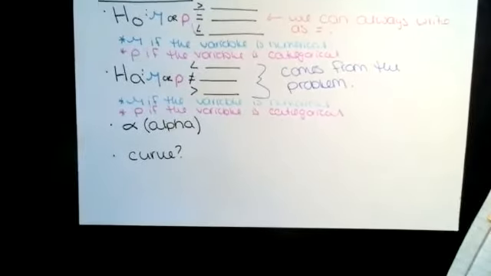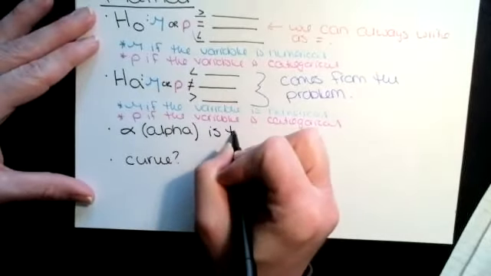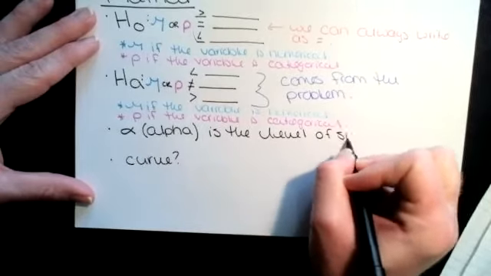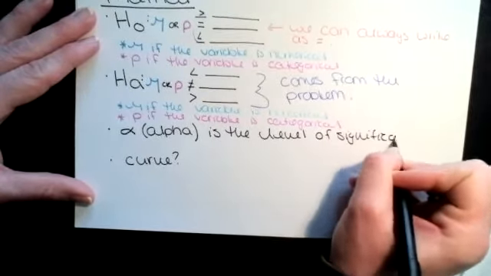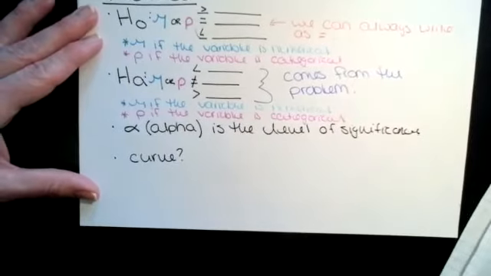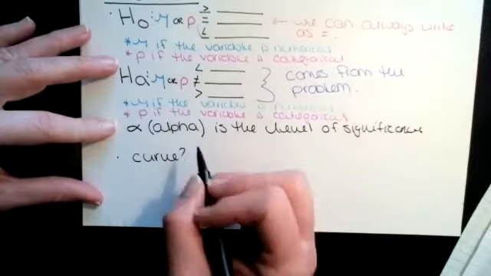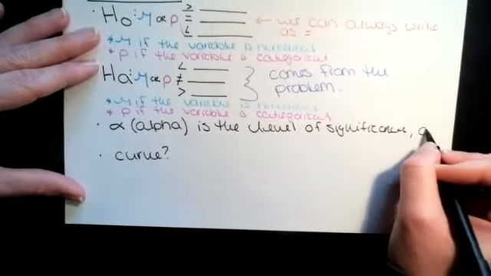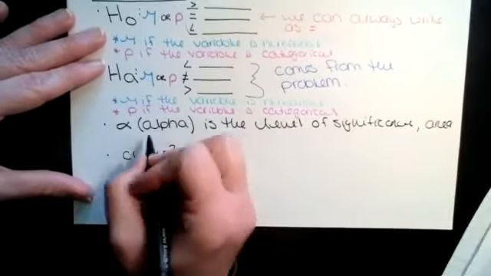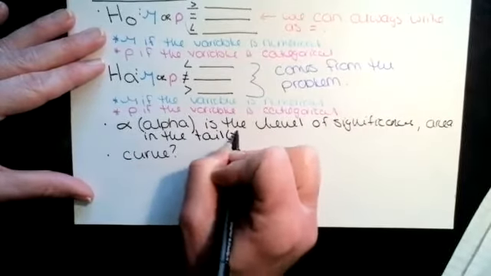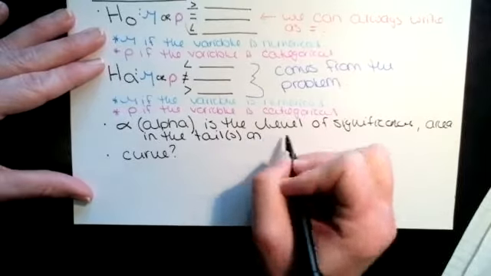Now, alpha is something that's called the level of significance. Alpha we've already talked about in our confidence intervals. This is the area in the tails on the curve.